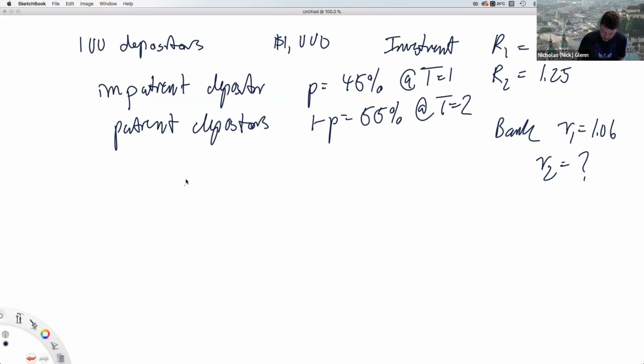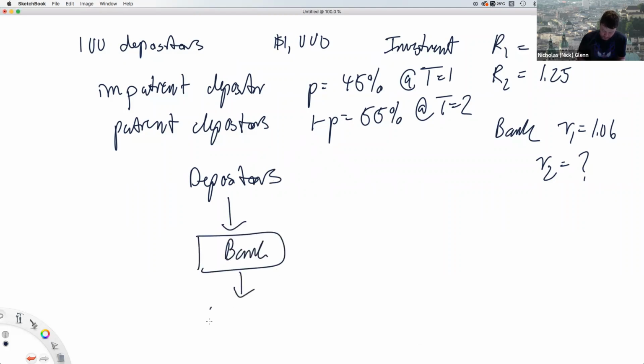So why do these depositors use the bank? Well, they don't want to take the risk of not getting anything. They want to get at least a little bit of return. So what's going on here? You'll have the depositors deposit their money with a bank. The bank will put it in the investment. The bank is acting as an intermediary here.